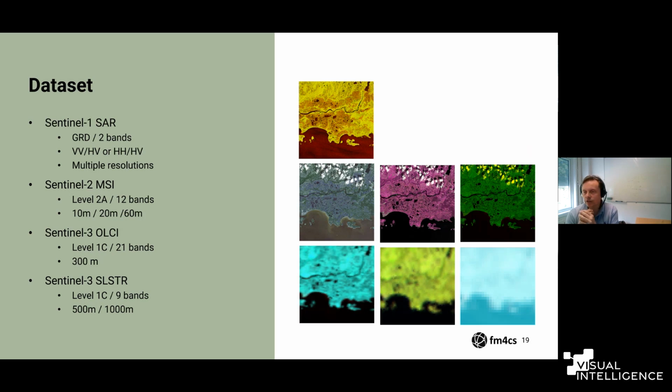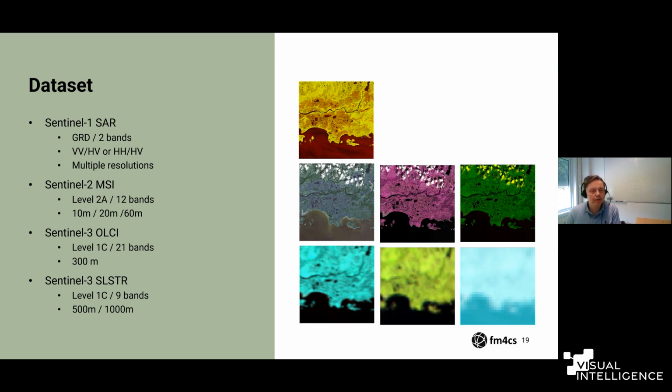And polarization is just the orientation of the electrical field of the radar pulse. We sampled that in different resolutions using so-called multi-looking, meaning we aggregate pixels, because that's a common thing to do in radar. So we have that included.